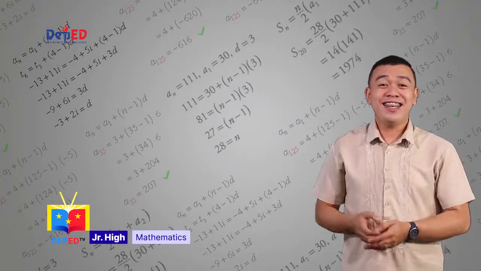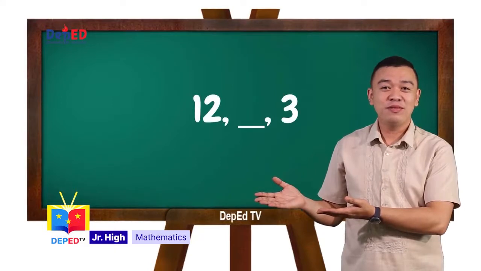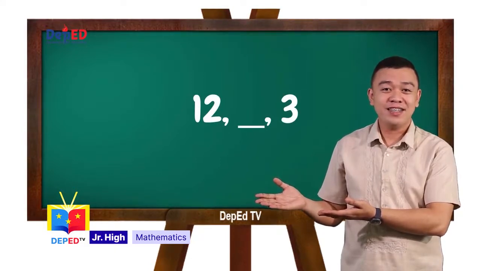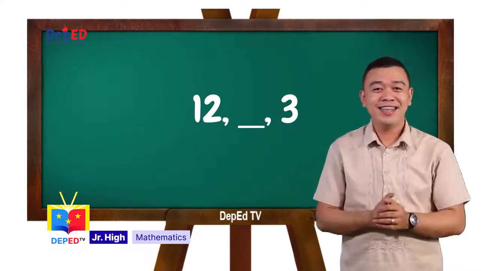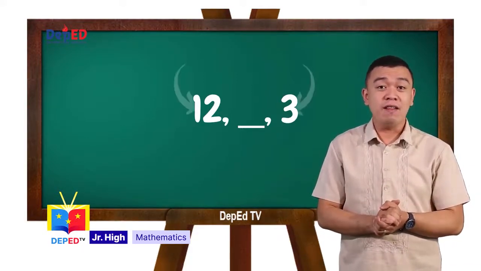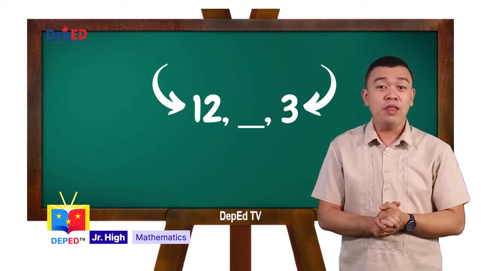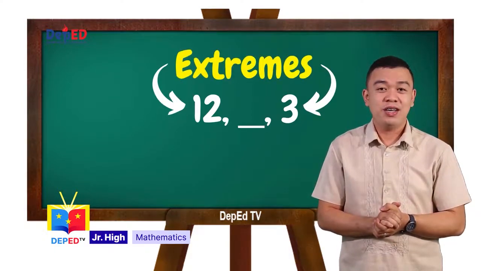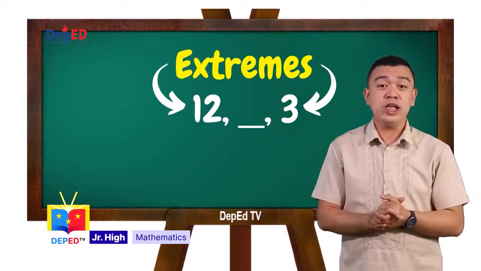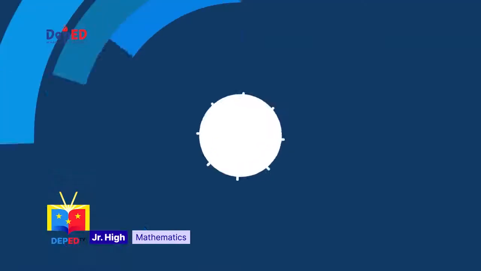Let's take a look at this example. 12 blank 3. The given terms are first and last terms. These terms are called the extremes, and the term or terms in between the extremes are called geometric mean or geometric means.